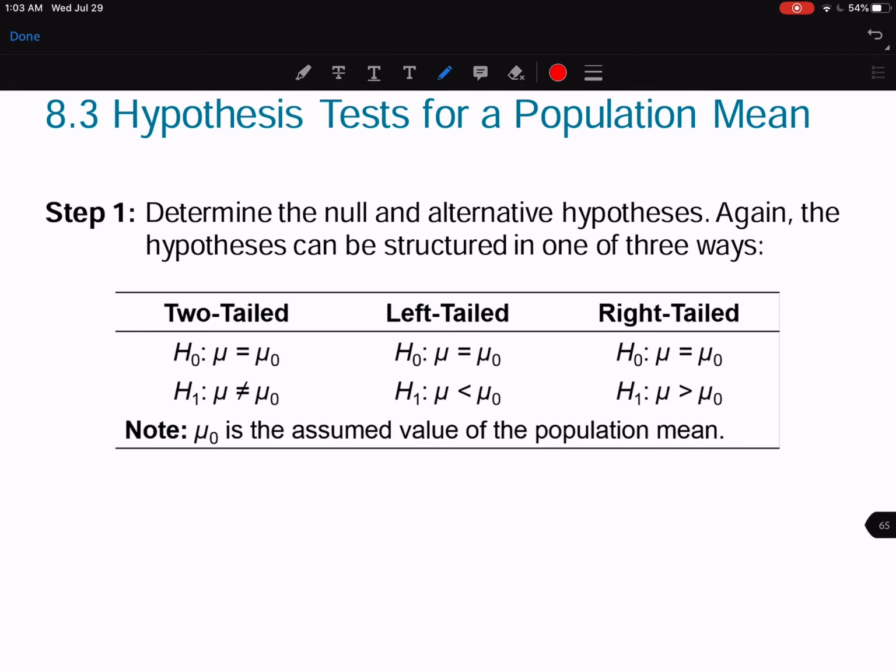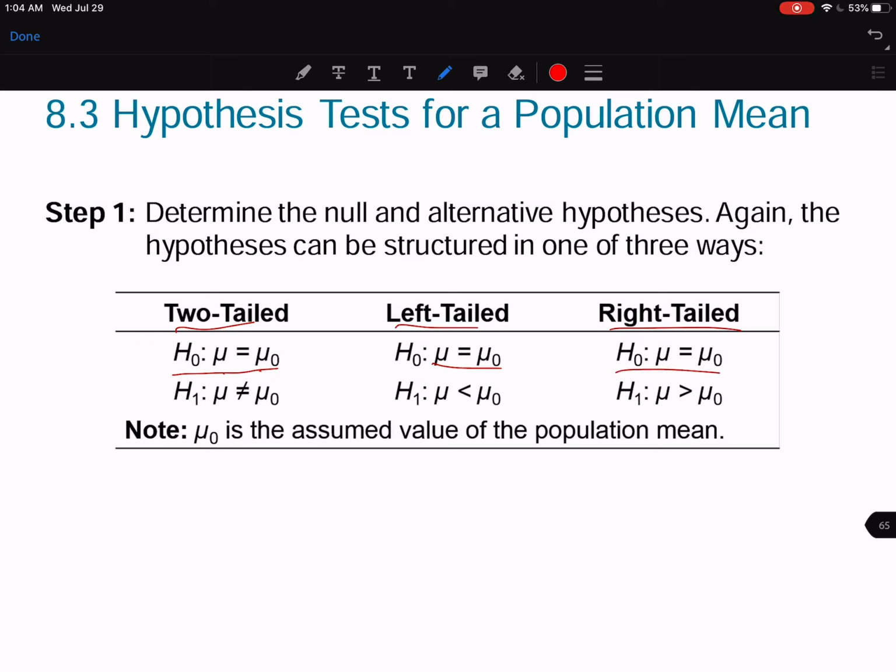So step one is very similar to the hypothesis test for the population proportion. We want to determine the null and alternative hypotheses. We're gonna have three different kinds of tests: two-tailed, left-tailed, and right-tailed. Same thing, the null hypothesis is always a statement containing the equality, so it's going to be mu is equal to mu sub 0. The value of mu sub 0 is always given in the problem.